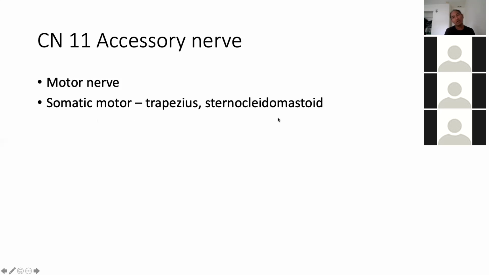Sternocleidomastoid means you are using it to bend your neck, and trapezius is for shrug. So hey, I don't know. That I don't know means you are using your trapezius. The trapezius is driven by the accessory nerve, which is also called spinal accessory nerve, which is the 11th cranial nerve.